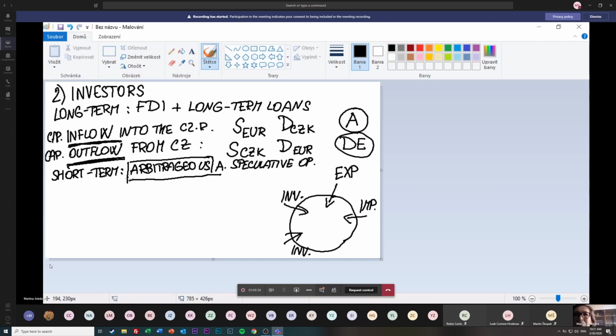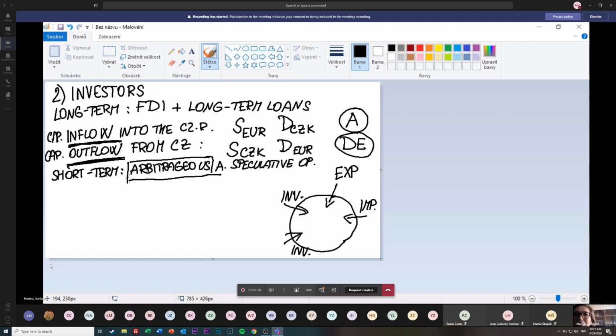I bought cheaper and I sold more expensive. Why I did it? It's clear. I have the difference. It's my profit, 200 Czech crowns. So once more, I bought for 500 and sold for 700. That's the arbitrage operation. So this is the same with the currency.